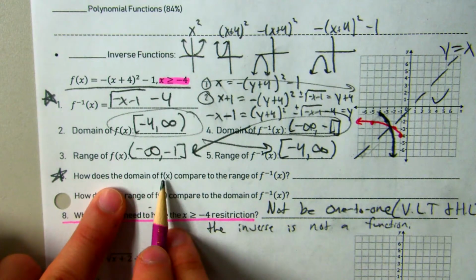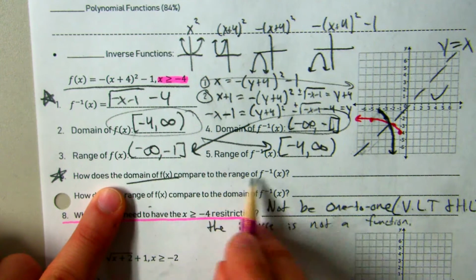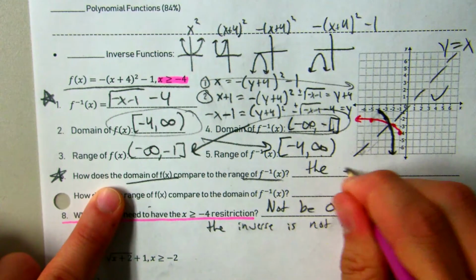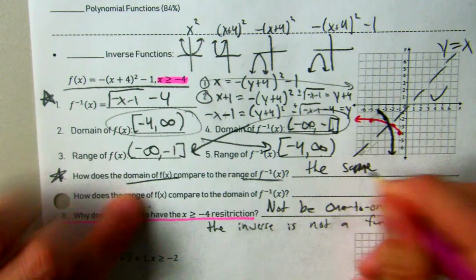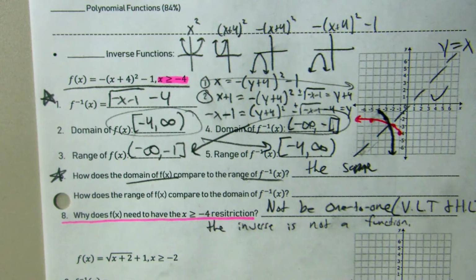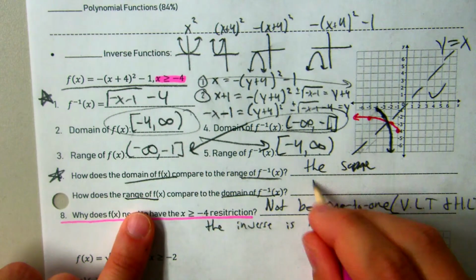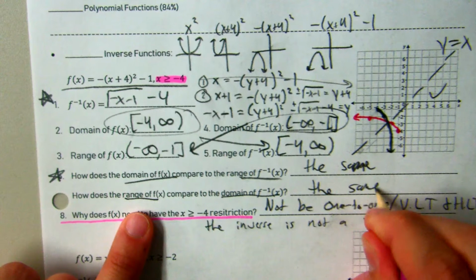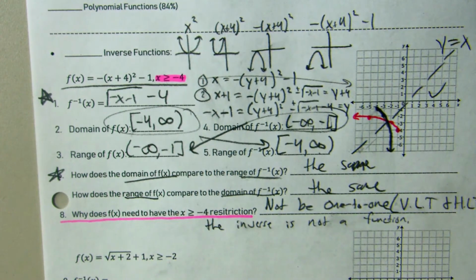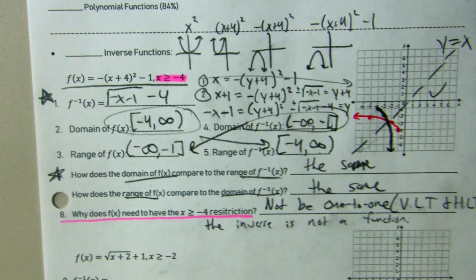So the domain of the function compared to the range of the inverse should be the same. But it's not, something's off. The range of the function should end up being the same as the domain of the inverse. You're just switching x and y. So one more thing that kind of should come together as a check.